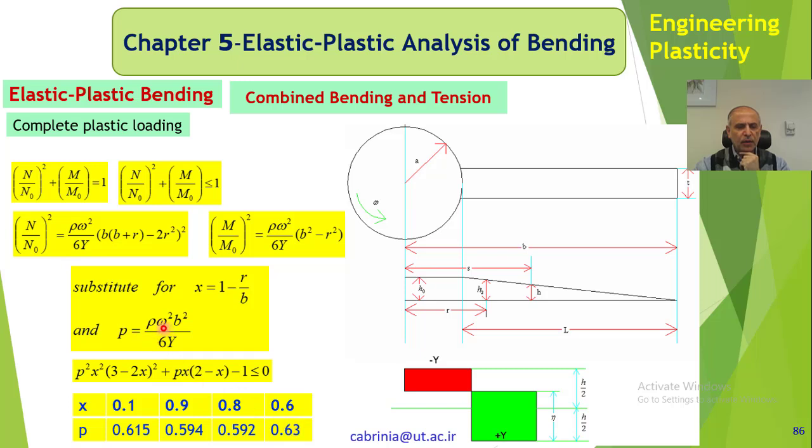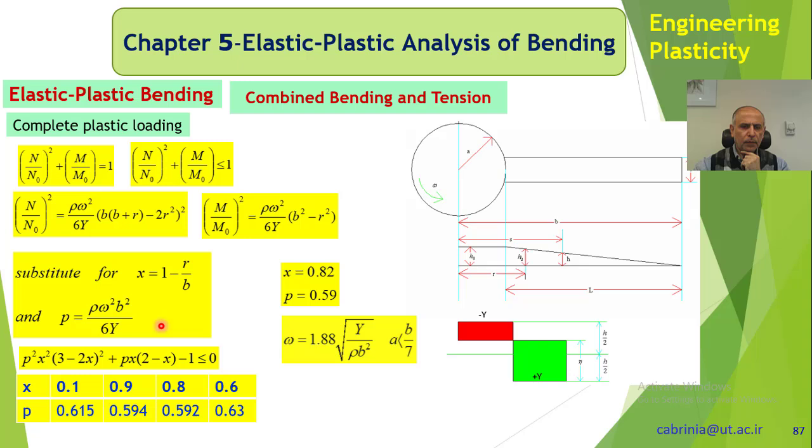It means that I can get a value for omega, okay, because p is omega, y is known, rho is known, b is known. So I can get a value for omega. For instance, here, if we put x equal to 0.82, then we get p equal to 0.59, and omega becomes like that for a smaller than b over 7.